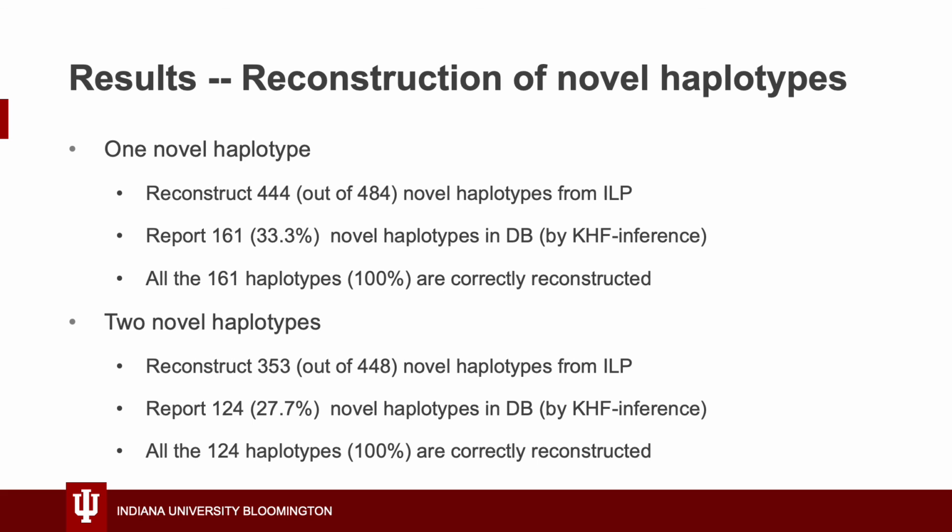We were able to reconstruct multiple experiment cases from integer linear programming, but can only report 30% of the novel haplotypes in the database by performing the KHF inference. However, all the haplotypes reported by KHF inference are correctly reconstructed, because the integer linear programming only gives you the optimal solution, while the KHF inference can confirm the existence of the haplotype.